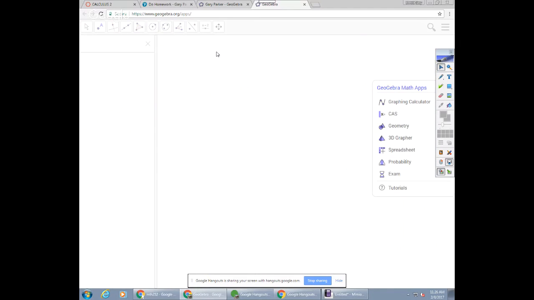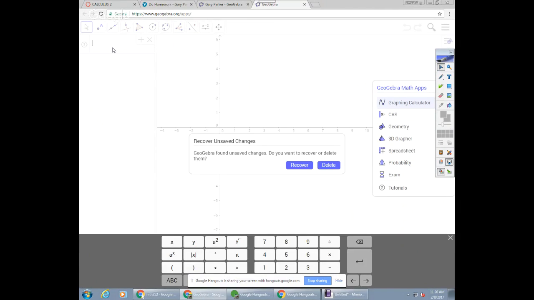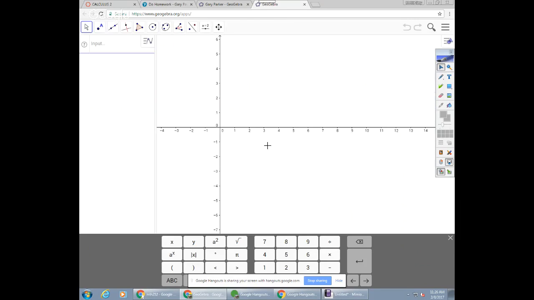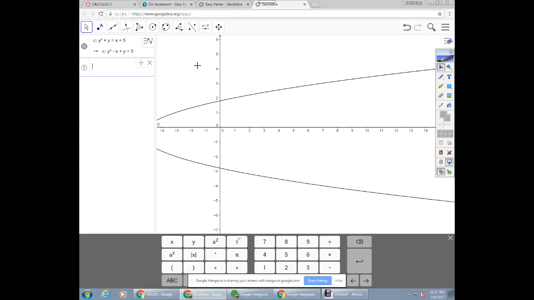So I'm gonna go for the version they gave. I don't want my unsaved changes, probably y squared plus y equals x plus 5. Would be that one right there. And then they said to use the points.